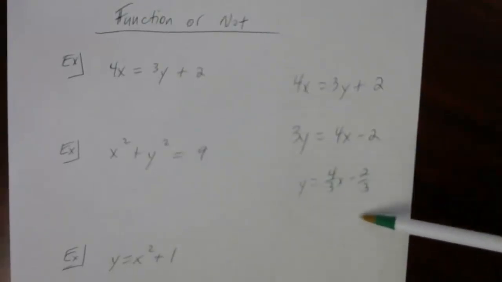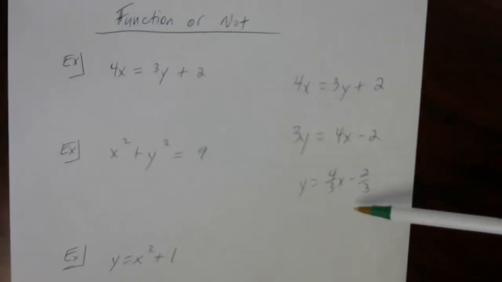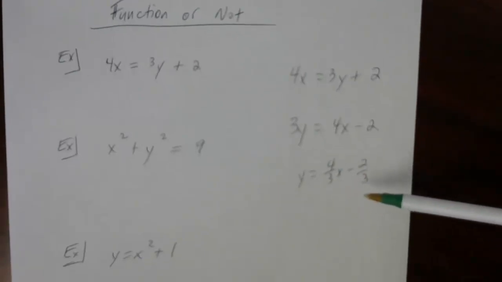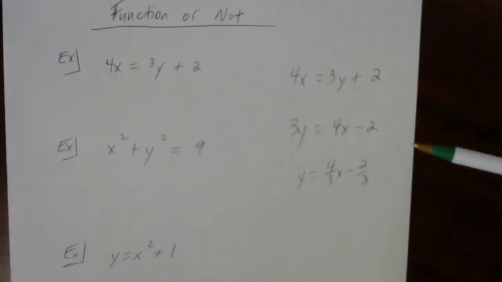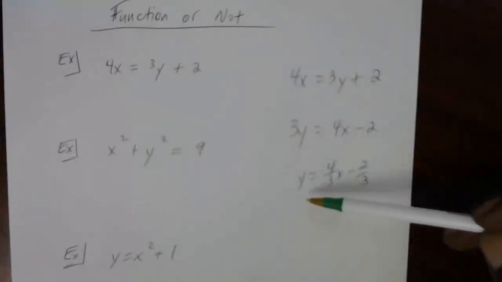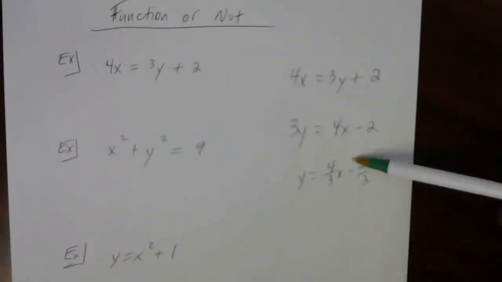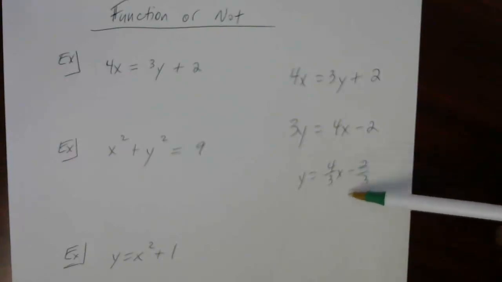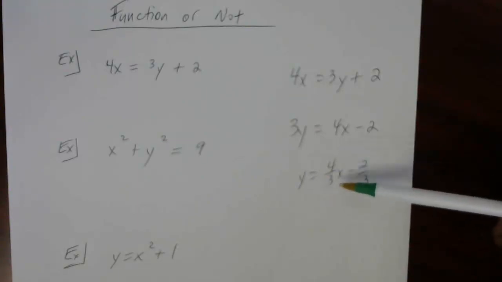So if you were to graph this equation, y is equal to 4/3 x minus 2/3, would this give you the graph of a function? And the answer would be yes. Keep in mind that this is slope-intercept form, y is equal to mx plus b, where negative 2/3 is your y-intercept. 4/3 is your slope, right?